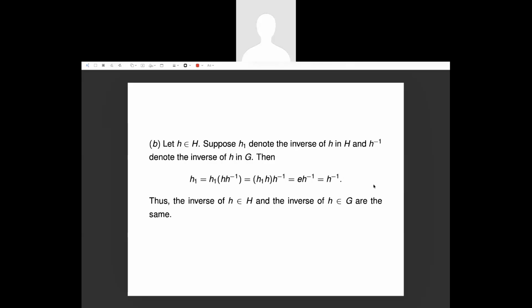So h1 and h inverse are the same. Thus the inverse of h in H and the inverse of h in G are the same. This completes the proof of this lemma.